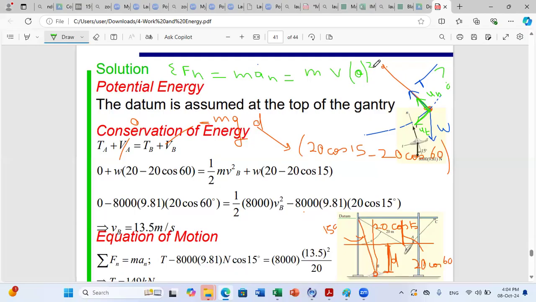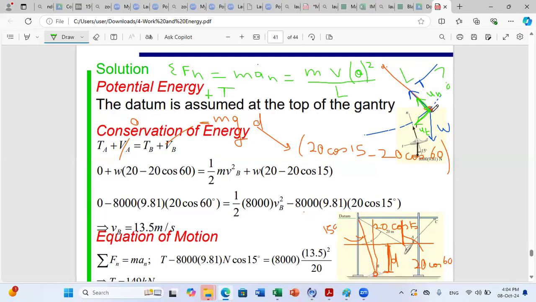So mv square over the radius, which is the length of the cable, a constant. I have a circular path and the radius is the length of the cable, so it's mv square over L. Now I project my forces. I have the tension along UN, so plus T. And I have to project my weight.